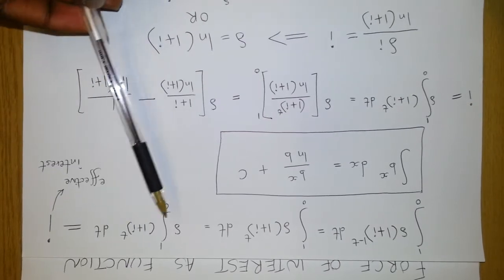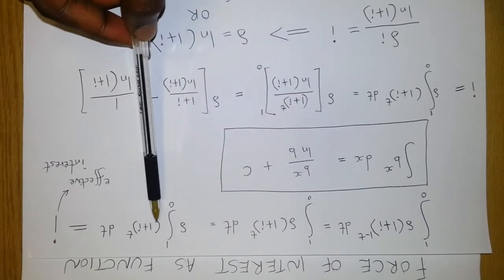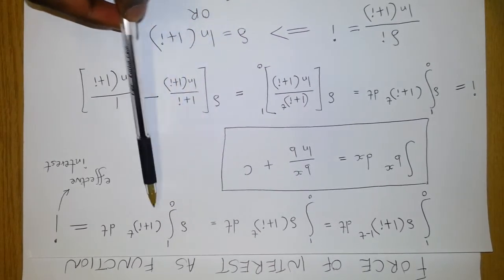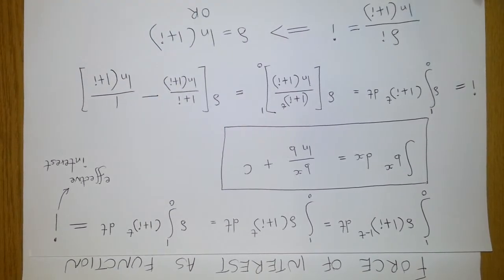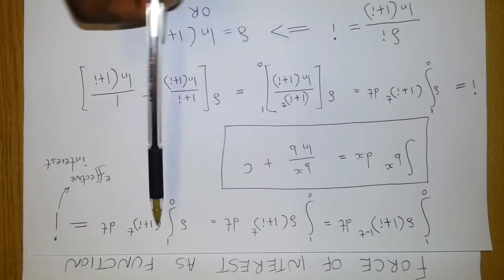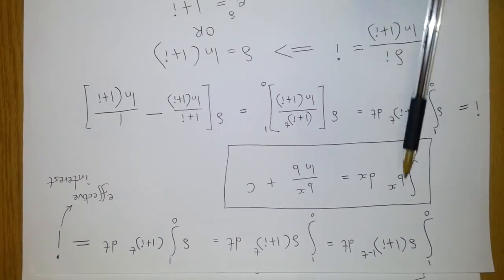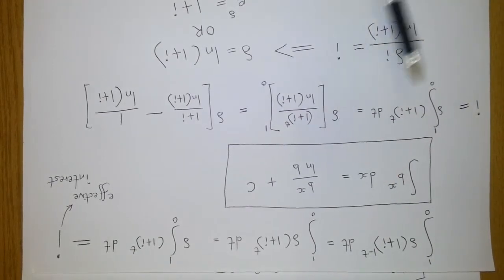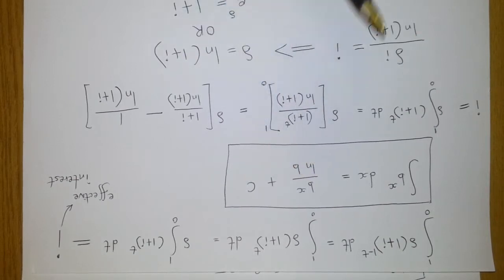Now let us work out this integral. We can bring delta to the outside and worry about the rest of the integral here. Now we're going to use this theorem here to simplify this integral. In doing that, we have that the integral of b raised to the power x dx is equal to b raised to the power x over ln b plus a certain constant.